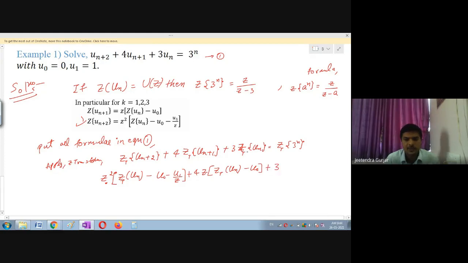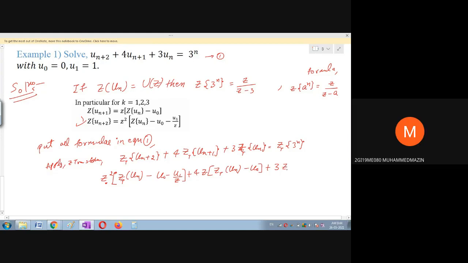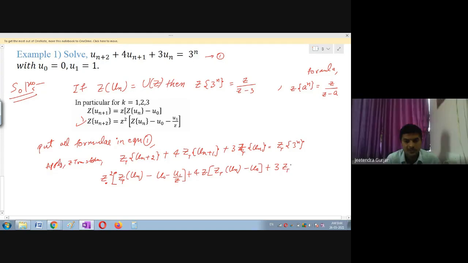Can anybody tell me what is Z transform of u(n) you are going to write? Yes, it is u of Z. I will substitute that in the next step.